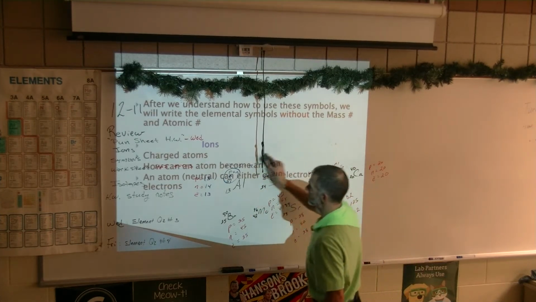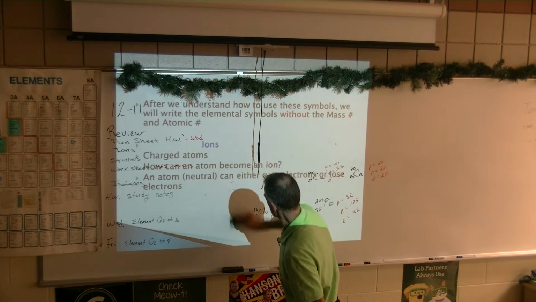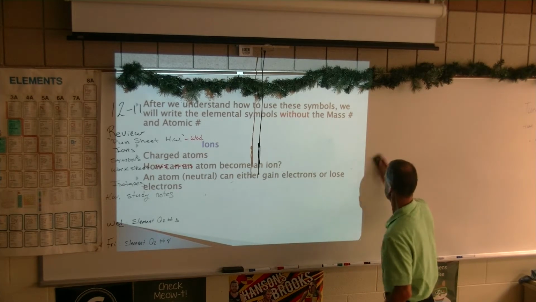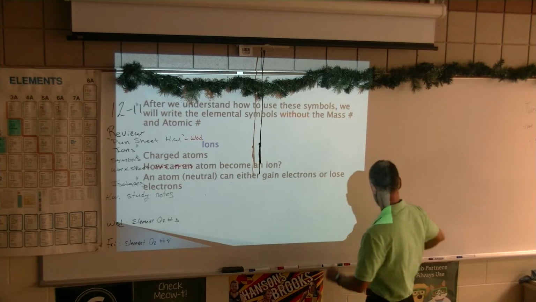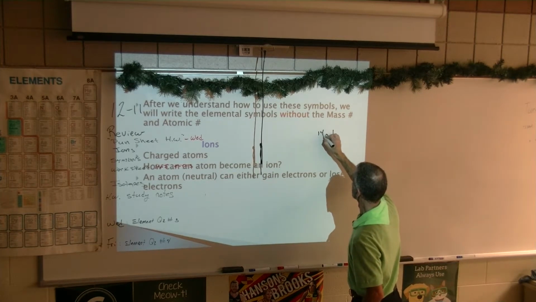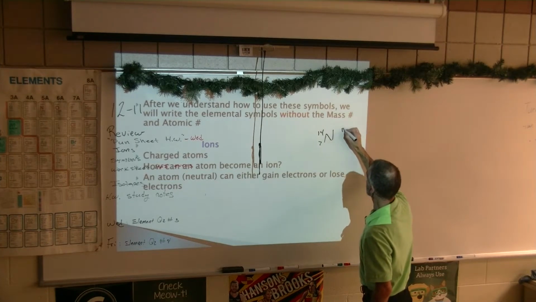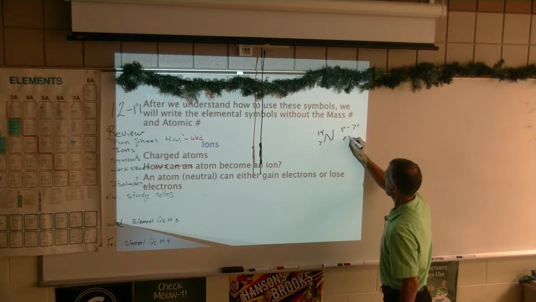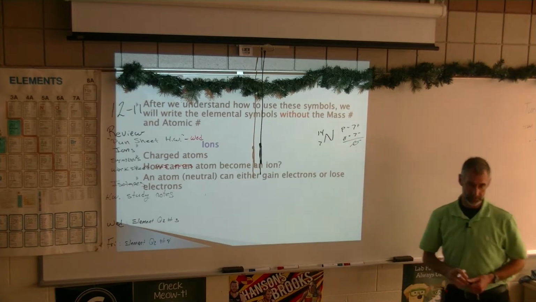So let's look at nitrogen. Nitrogen has 7 protons and 7 electrons, so it's a neutral atom.